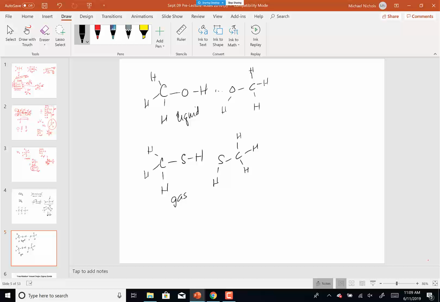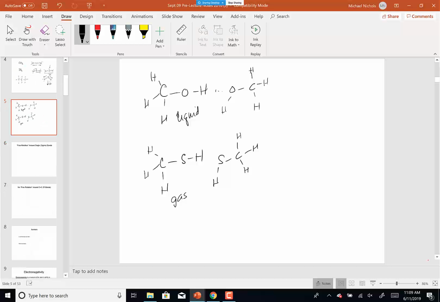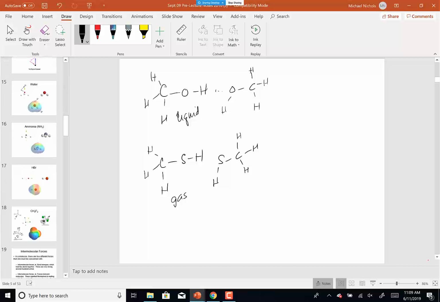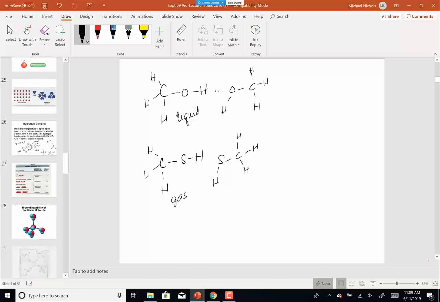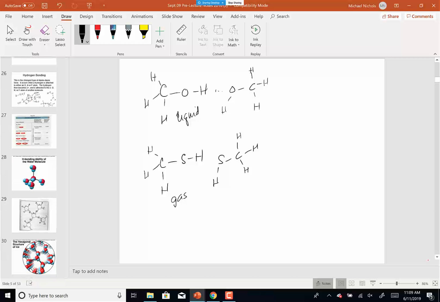So when it comes to intermolecular forces, two nonpolar molecules, induced dipole, or nonpolar, polar, induced dipole, dipole.